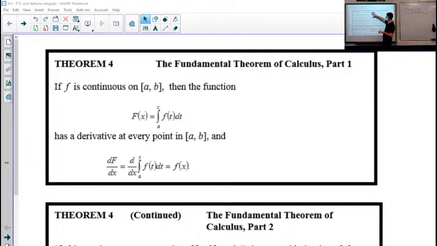So the first part of the fundamental theorem of calculus, the basic thing that this theorem says is that derivatives and integrals are inverse operations. They undo each other.